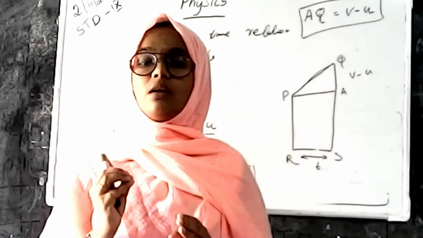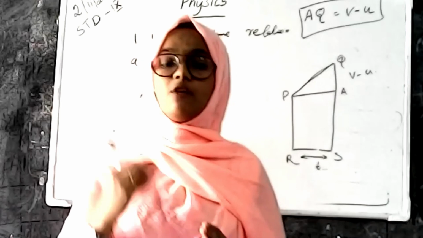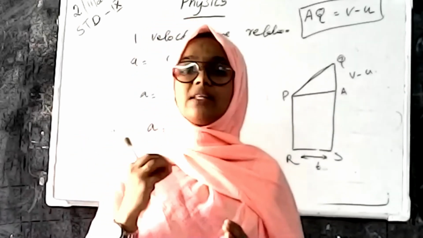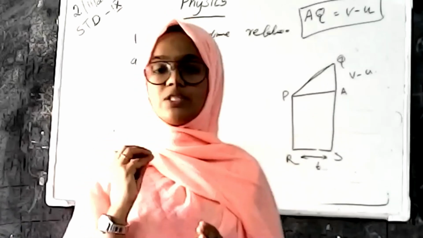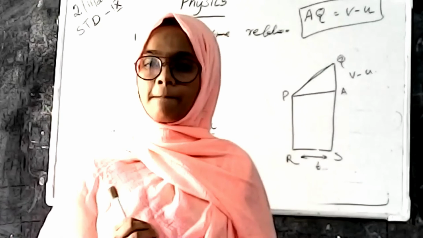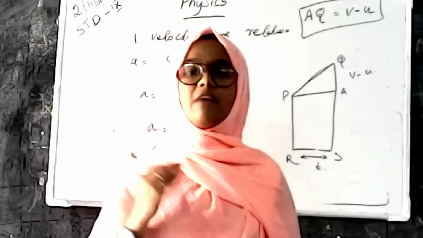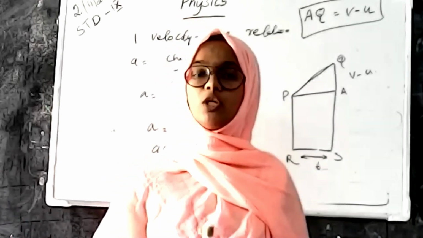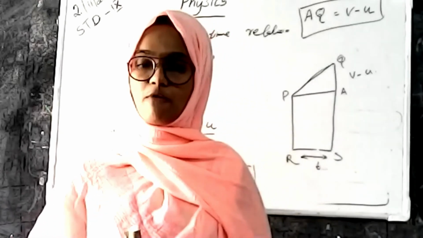We get the displacement from a velocity time graph. By finding the area under a velocity time graph, we get the displacement of a body. So this is the use of a velocity time graph. And with this, we are discussing the common derivation of an equation of motion.